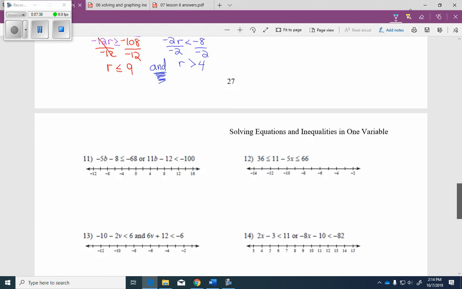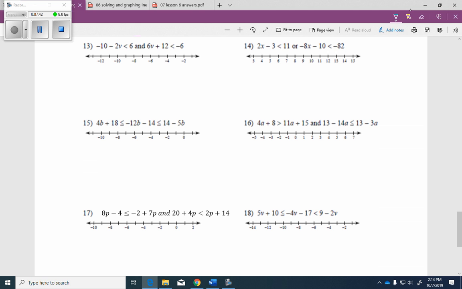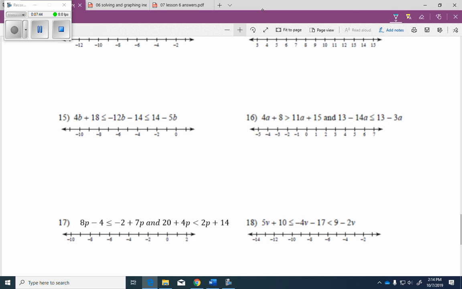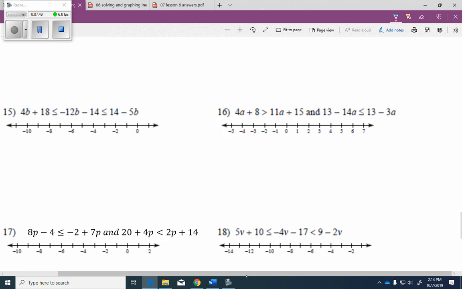I know there are some tricky ones towards the end here. Let's take a look at number 16. I think that might be one of them. So it's an and statement. Remember, with an and statement, when we're graphing, we're looking for an overlap. I'm going to choose to subtract 4a from both sides.